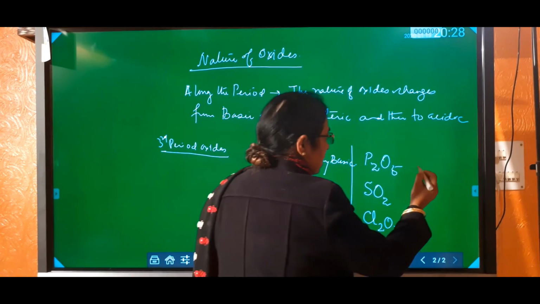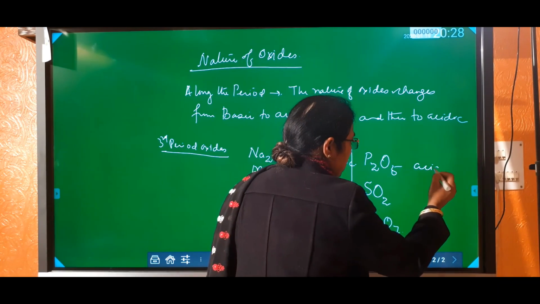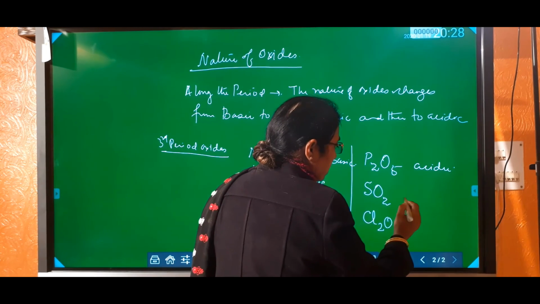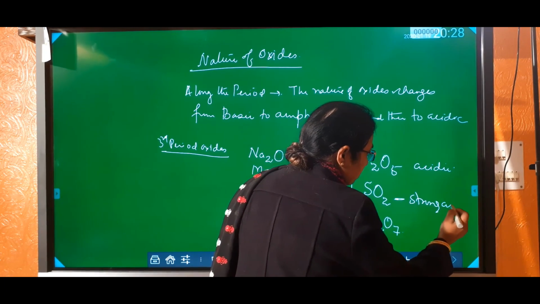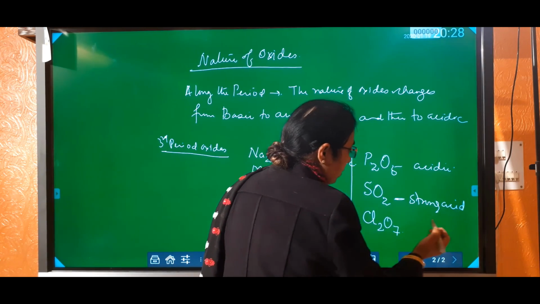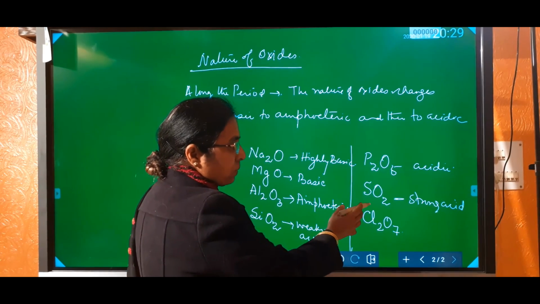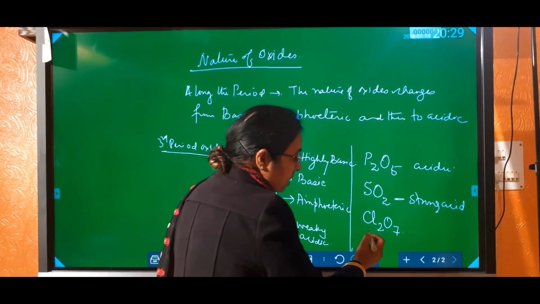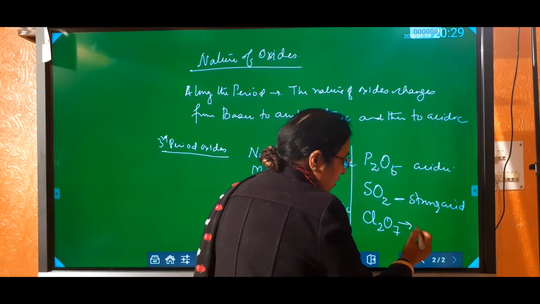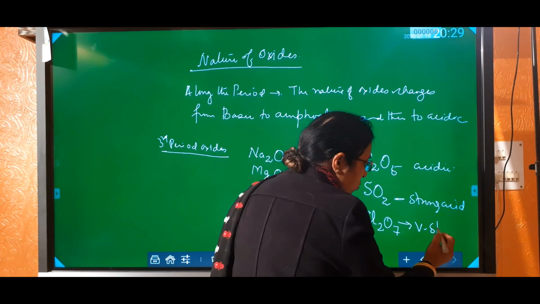P2O5 is acidic, and SO2 is a strong acid when dissolved in water, forming H2SO3. Cl2O7 is a very strong acid.